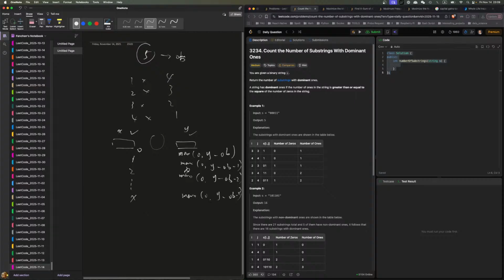So we say not possible. One side is 0, right? And the other side is the other number that's not possible. One side is 0 and the other side is a number that's not possible, okay?